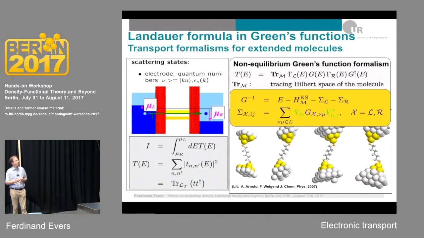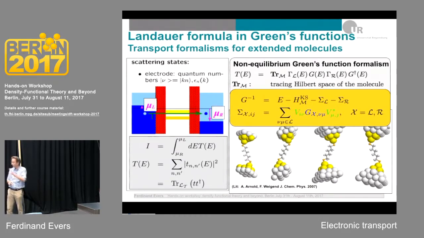So these self-energies must somehow deal with these leads, and they do this in the following way. The self-energy here is actually an object, and unfortunately one cannot see anything at all, so I apologize for the choice of the colors. This self-energy is actually something simple. It is the Green's function of the reservoirs multiplied with coupling matrix elements that connect this, for instance, site with the reservoir site mu, and then there's two of those, meaning I hop away from the molecule into the reservoir and back again.